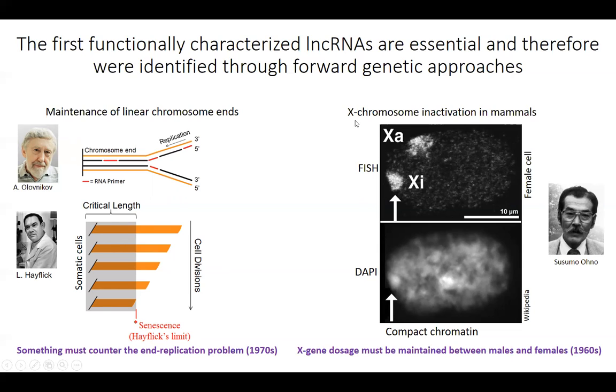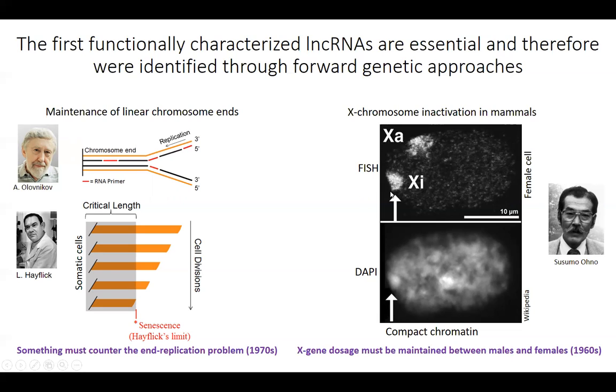The other example you may be familiar with is X chromosome inactivation. This is specific to mammals, and this is going to be individuals that have 2 X chromosomes. Hopefully you remember back to when we talked about chromosomal structure, we actually have to silence one of those. So we have an active X chromosome and an inactive one.